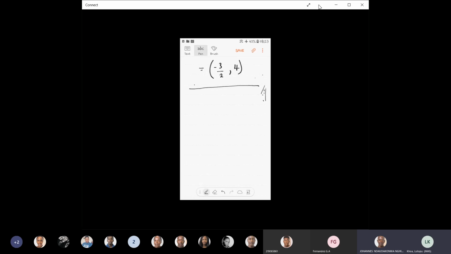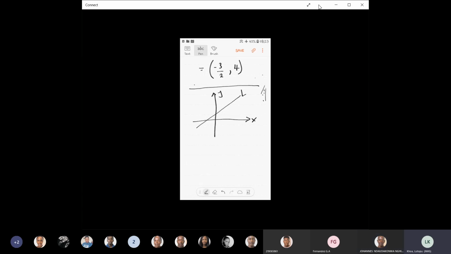The next thing I want to talk about is the inclination of a line. Now, if you have a line on your x and y-axis, so this is your x-axis, that is your y-axis. Now, let's say I draw a line like this. This is my line. Now, the definition of the inclination is just the angle that the line makes with the positive x-axis.